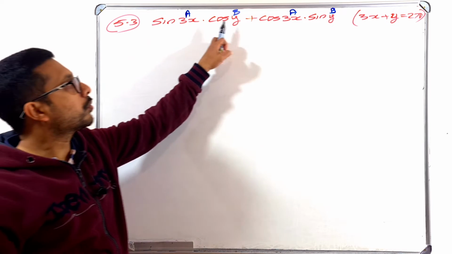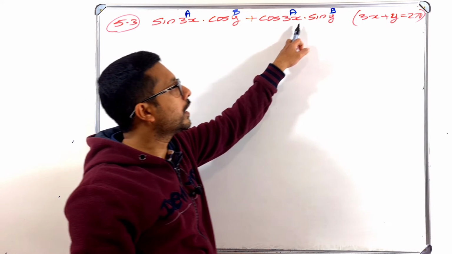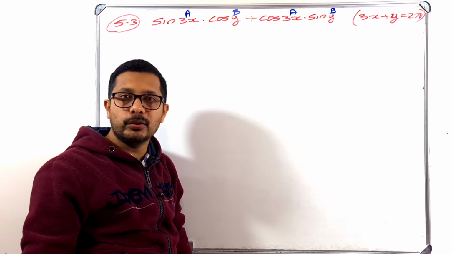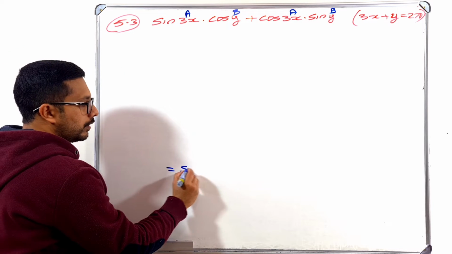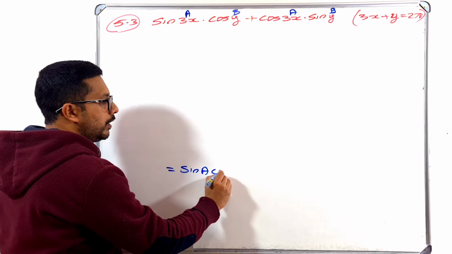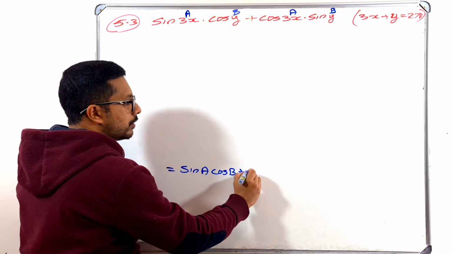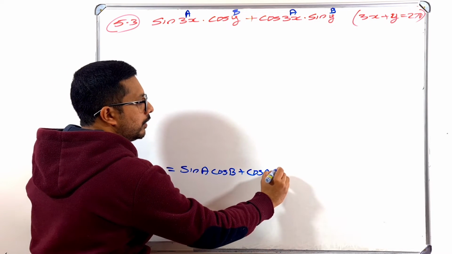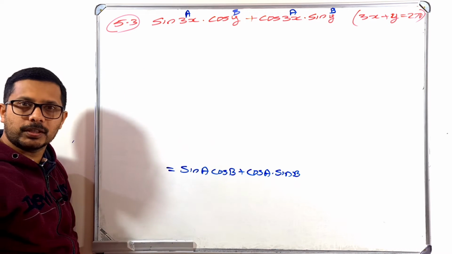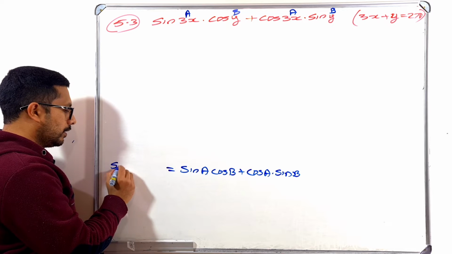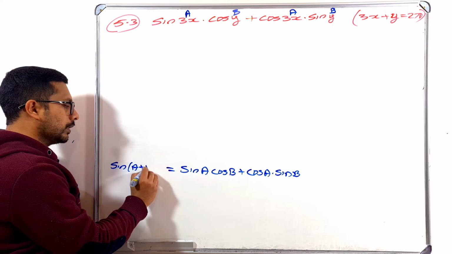Sine a cos b plus cos a sine b. Do you remember what that one is? Yes, this is sine of a plus b.